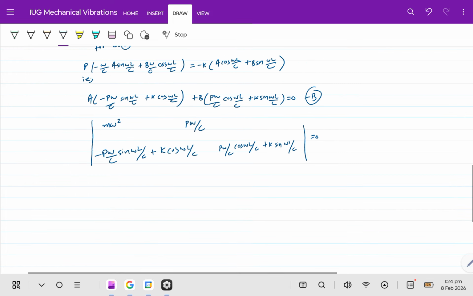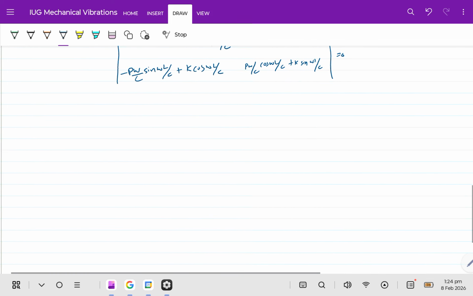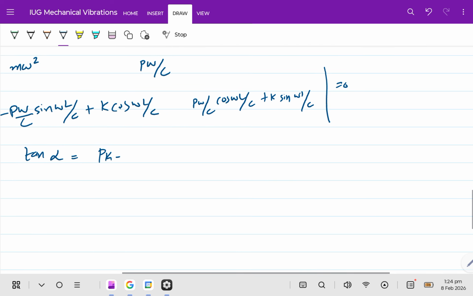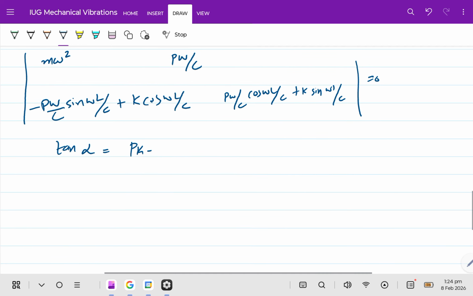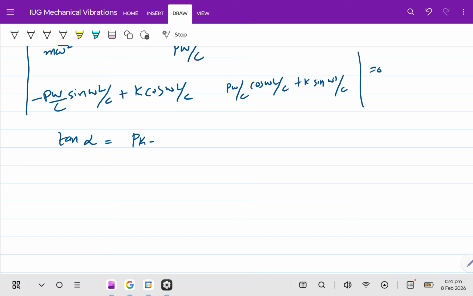You can solve this determinant, so you will end up having an expression that is tangent alpha equals to Pk minus Pmc square divided by L square into alpha square.